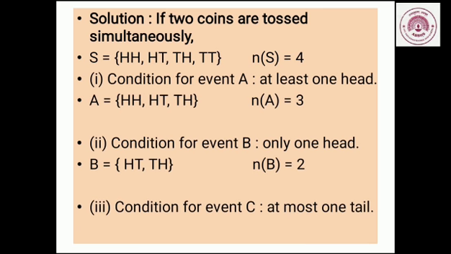Third one, condition for event C, at most one tail. Here we have to select the outcomes with one tail or less than one tail, that is 0 tail. Therefore we can select the outcomes HH with 0 tail and one tail each in HT and TH, and therefore C is equal to {HH, HT, TH}. n(C) is equal to 3.